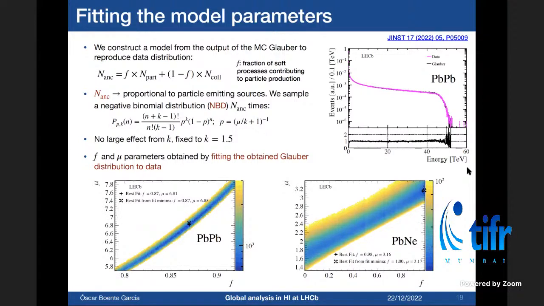Yeah, I must say that these are studies we are not very advanced in at LHCb, because our community is growing. But that is definitely something very interesting that ALICE, for instance, has looked at in detail. And we could do more there.